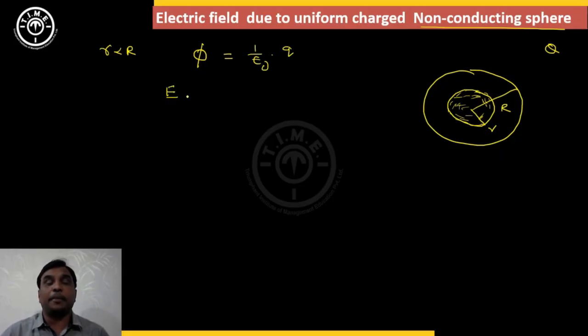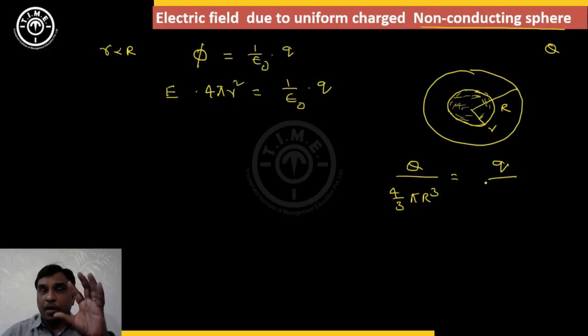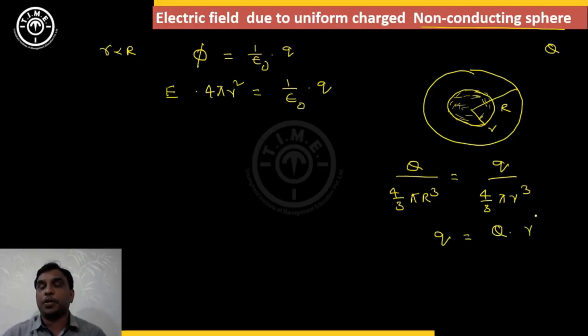Before that, electric field at any point inside, into surface area 4 pi r square, is equal to 1 by epsilon naught into small q. How to get small q? Here it is uniformly charged, so charge density is the same. Total charge by volume of the full sphere, 4 by 3 pi R cube, and charge of a sphere of radius small r, 4 by 3 pi r cube. So small q in terms of capital Q is capital Q into small r cube by capital R cube.